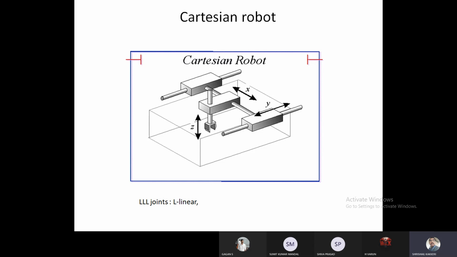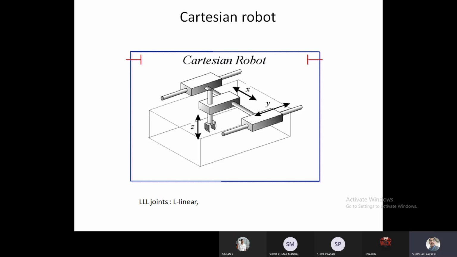That means the work volume generated by these robots is rectangular or cubical, and the spatial resolution will be uniformly distributed over the entire work volume of the robot.